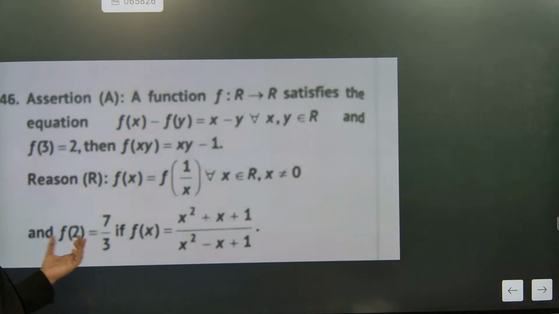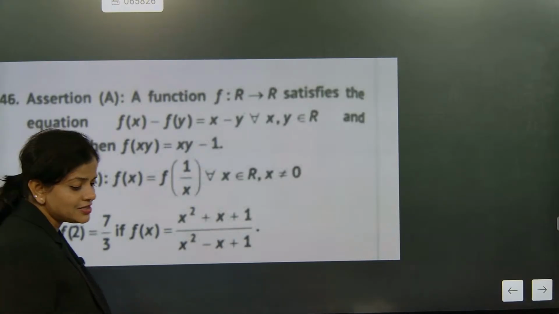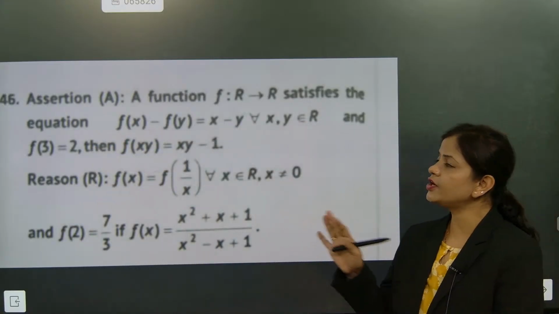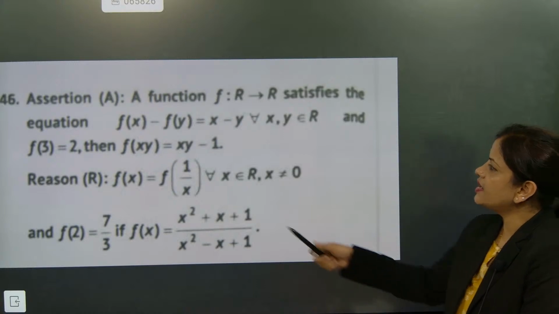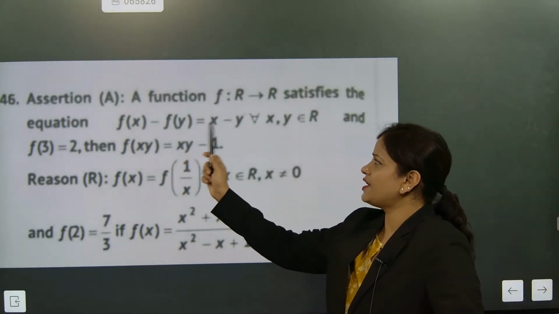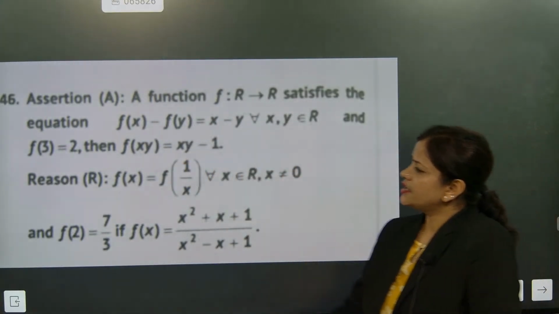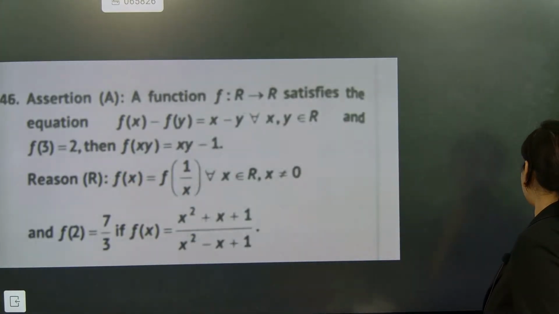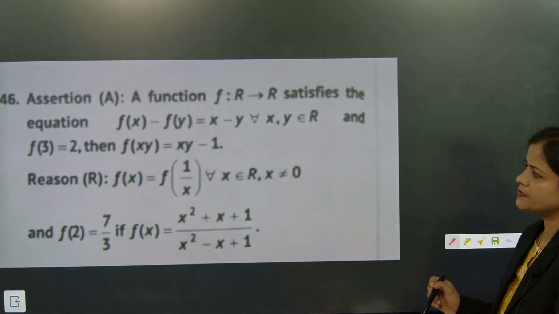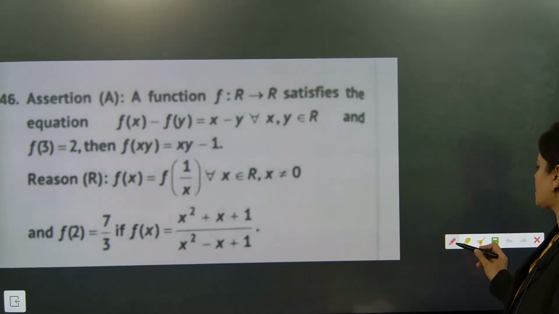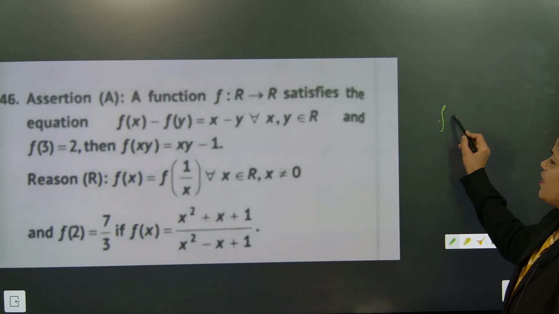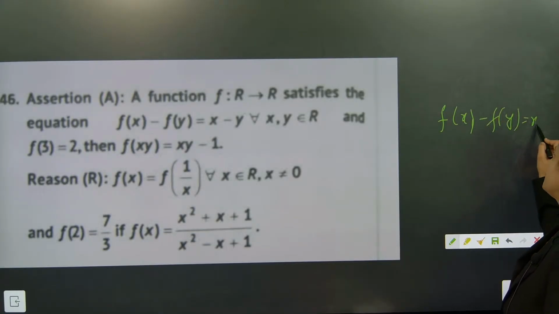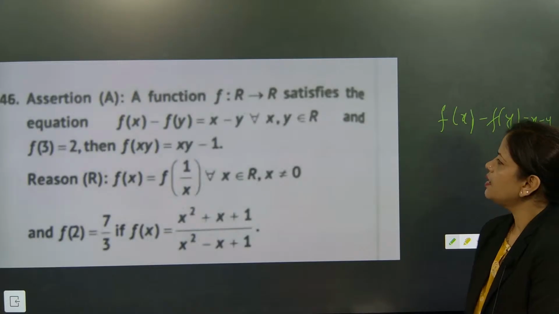They have given this reason as the correct reason. But is this reason a correct reason? Now look at it. When you are writing the functions, if they are telling that the equation f of x minus f of y is x minus y, then f of 3 minus f of 2 becomes 3 minus 2, which is 1.